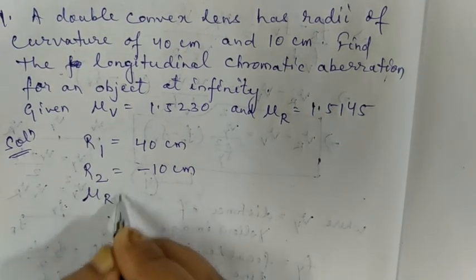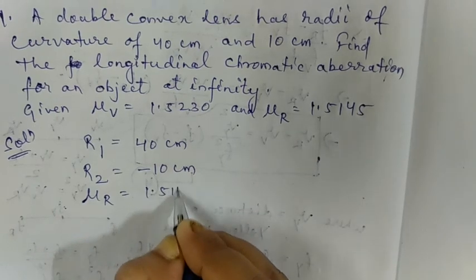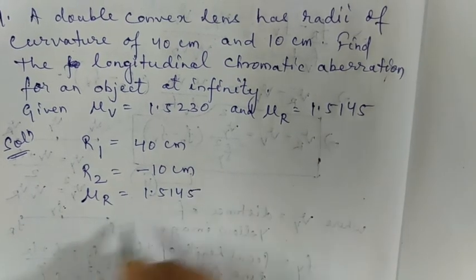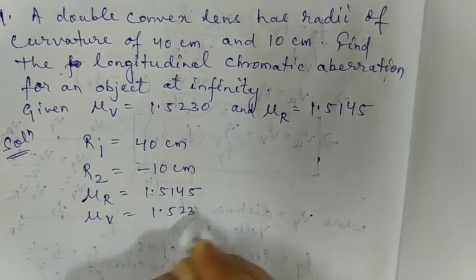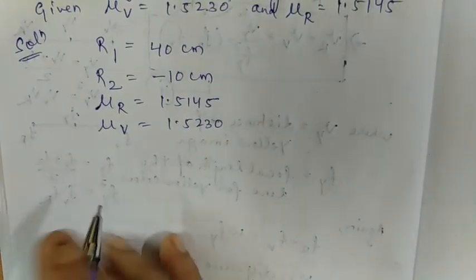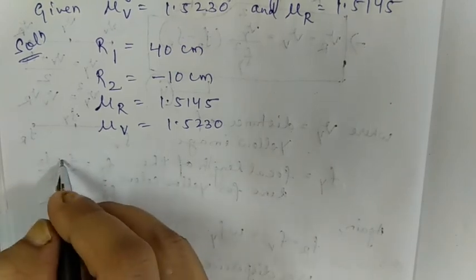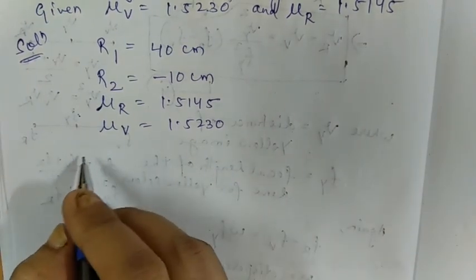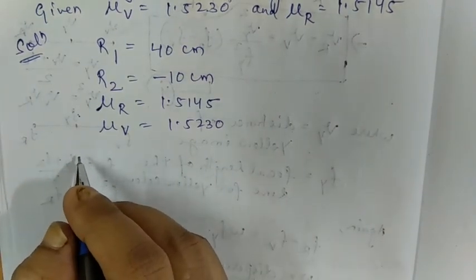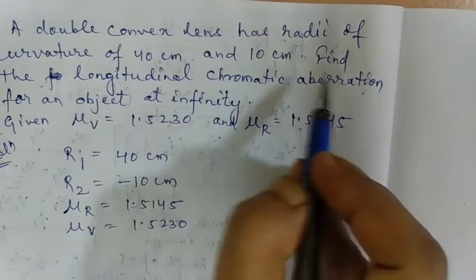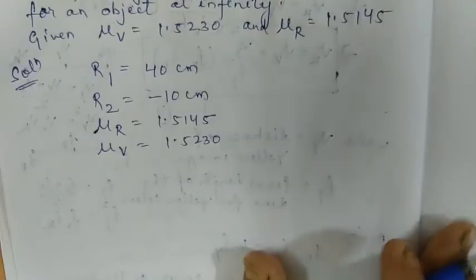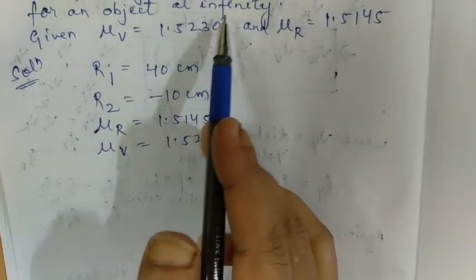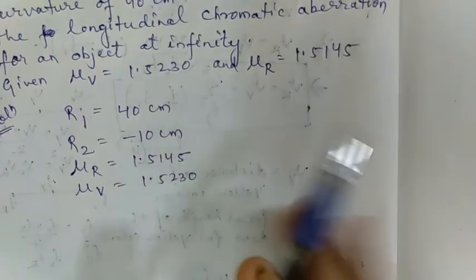And mu r is given as 1.5145 and mu v is given as 1.5230. So we need to find out the longitudinal chromatic aberration. This is the case when you are considering infinity.